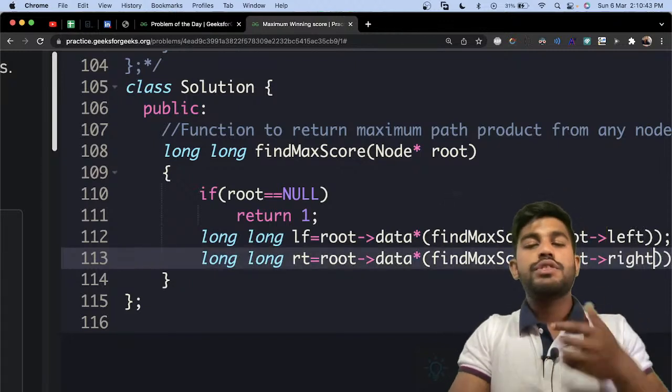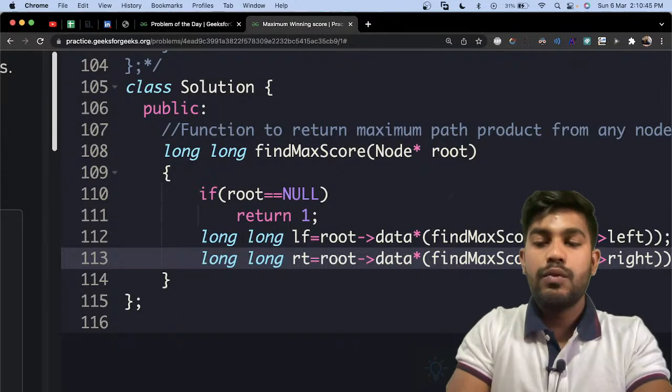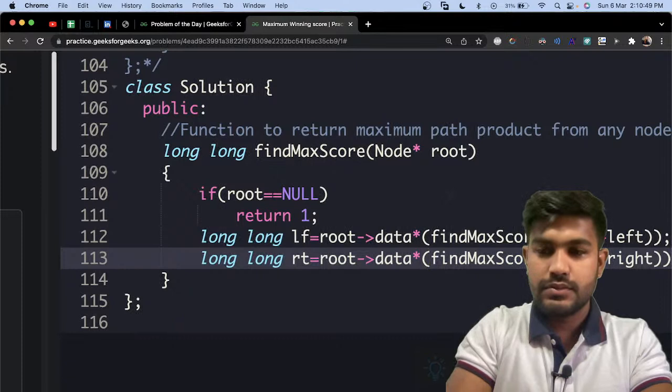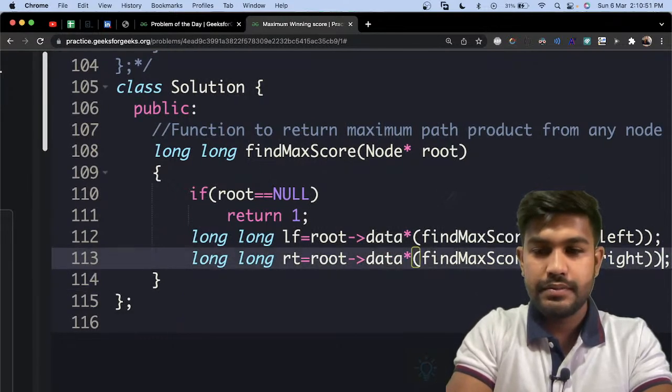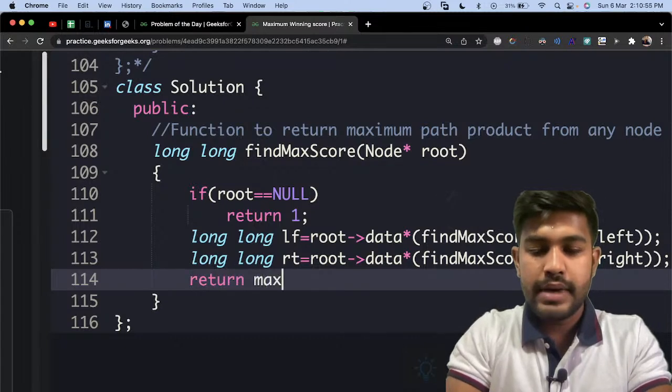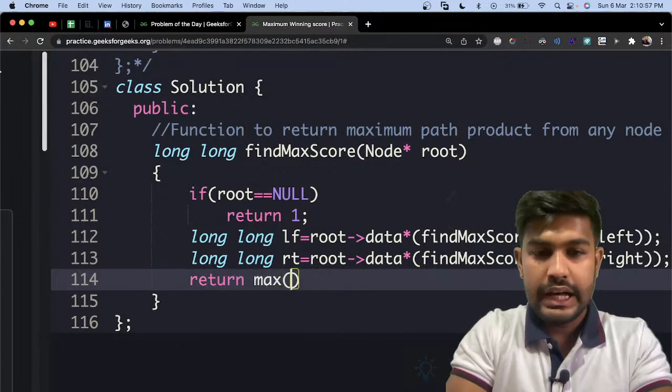So we are moving in both directions, and what we would do is return the maximum of RT or LF.